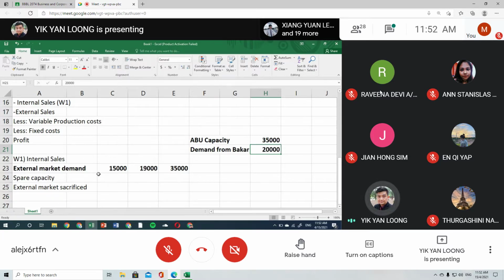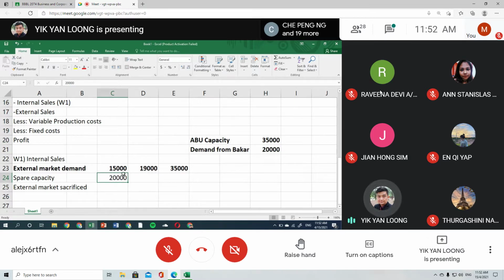Now, let's look at the first one. When your external market demand is 15,000, Abu's capacity is 35,000, isn't it? So 35,000 minus 15,000, that means there will be a spare capacity of 20,000 units which can be used to produce for Baka.